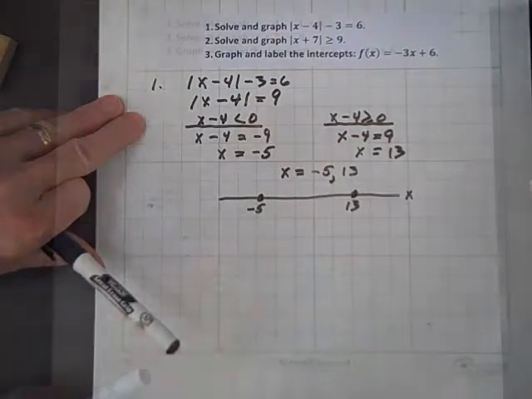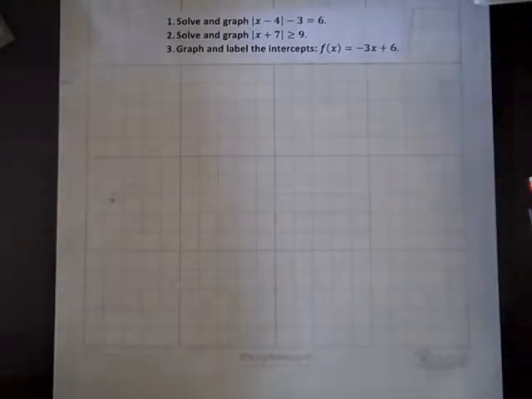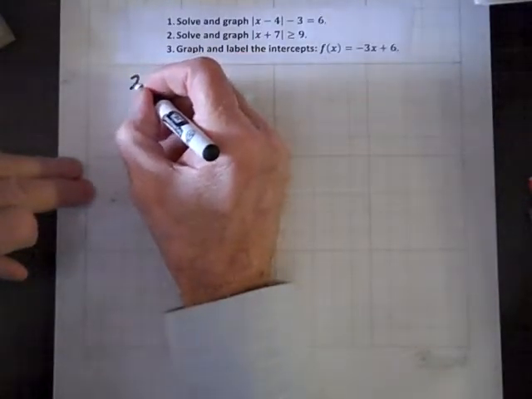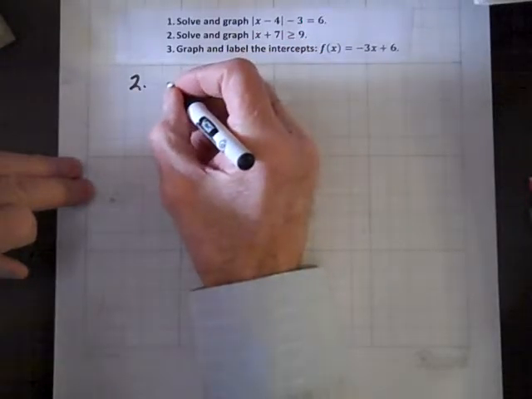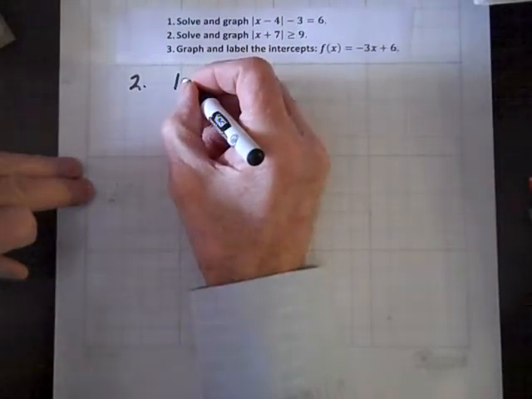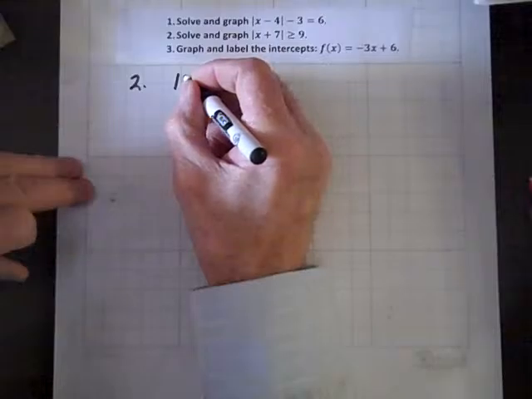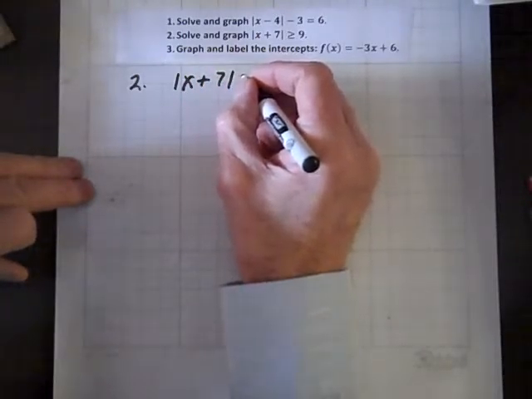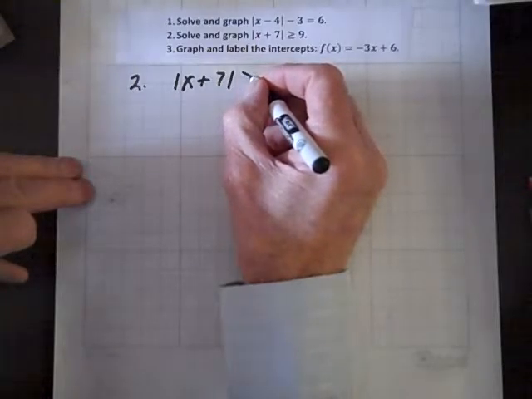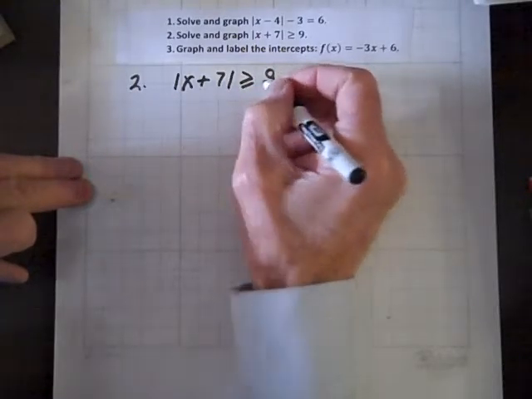question 2. So for problem 2, we have to solve and graph this inequality, the absolute value of x plus 7 is greater than or equal to 9.